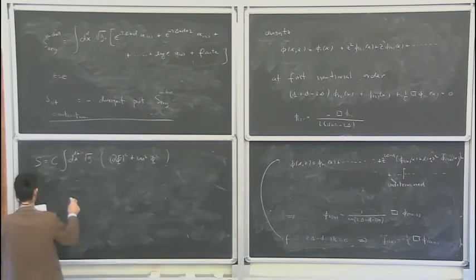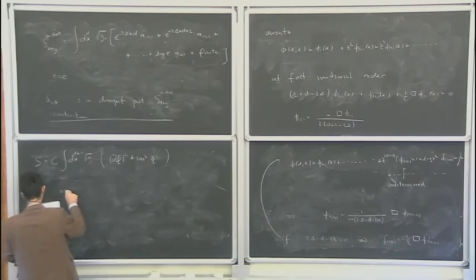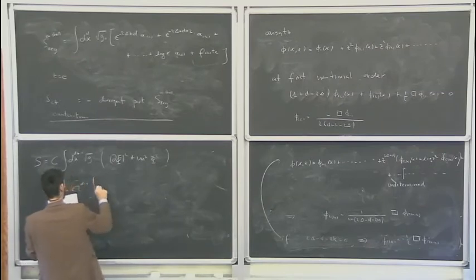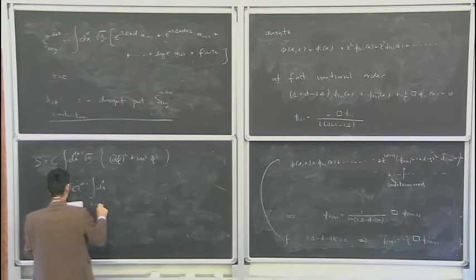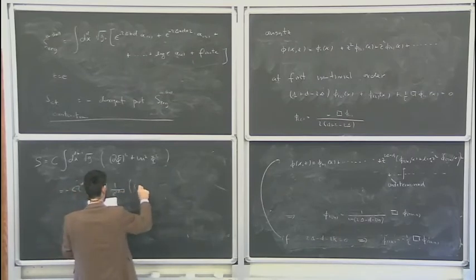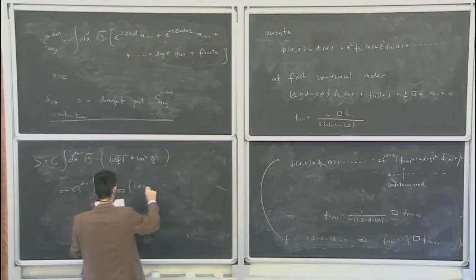So before inserting the expansion, at the stage that I write this in terms of the small phi, this becomes some constant, then an integral in d^d x, Z equal epsilon, 1 over epsilon to delta minus D. And then there are two terms from this change of variables.